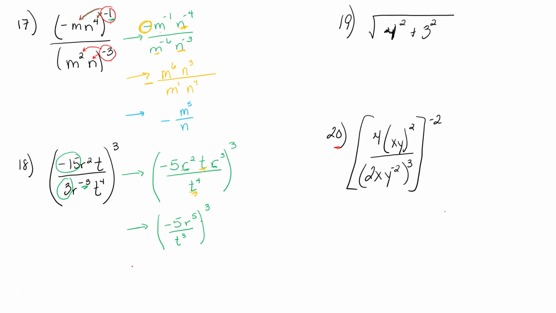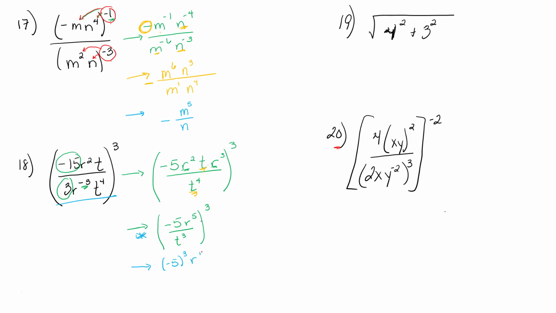Okay, so let's see. Here is my next step to get my answer. The inside is so much nicer looking at this step than it was on the original problem. I have now negative 5 to the power of 3. And notice, the negative 5 is in the parentheses. That whole number gets to the power of 3.